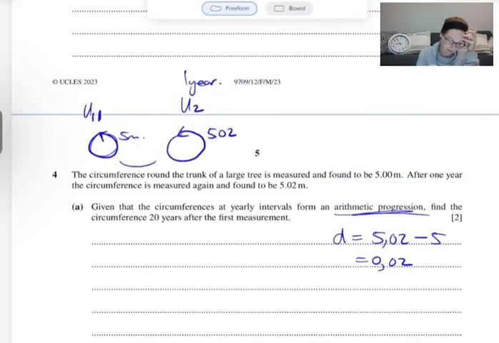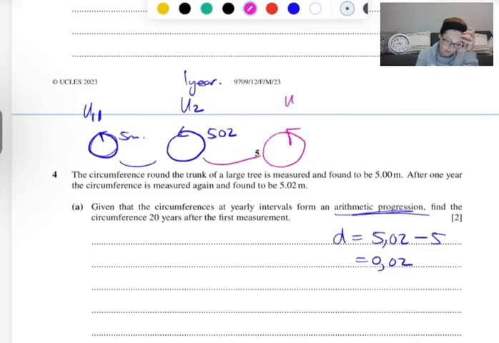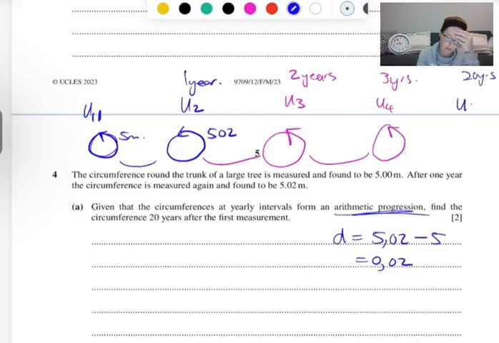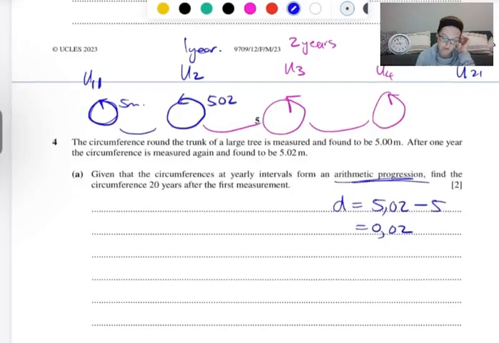So 20 years after, so if I just look at the pattern here, my U3 is 2 years. My U4 is 3 years. So after 20 years, I'm going to have a U21. Okay. Just be careful of that.